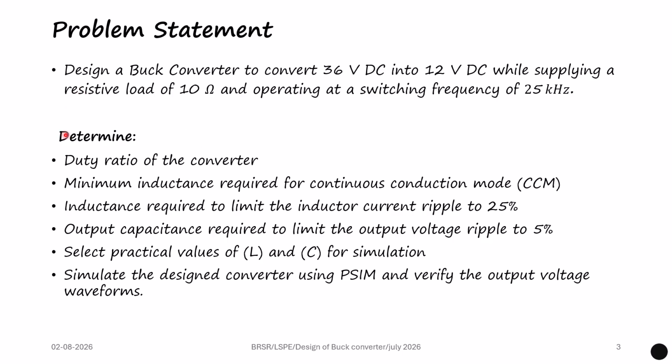We are asked to determine the duty ratio of the converter, minimum inductance required for continuous conduction mode, inductance required to limit the inductor current ripple to 25%, output capacitance required to limit the output voltage ripple to 5%. So we have to select practical values for L and C for simulation, and we can simulate the designed converter using PSIM and verify the output voltage waveforms.